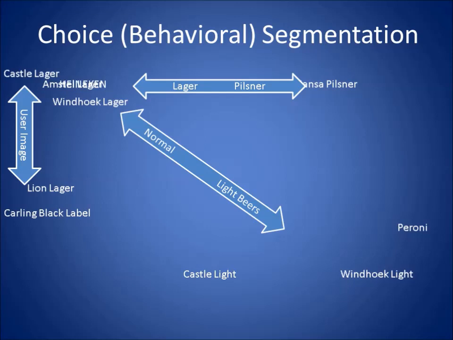It does make sense, however, if we put Heineken up there and we put Castle Lager up there, and Castle Light, up there in the lager segment, not in the light segment. Then what the behavioural segmentation shows us is that choices would happen exactly as predicted by this segmentation.